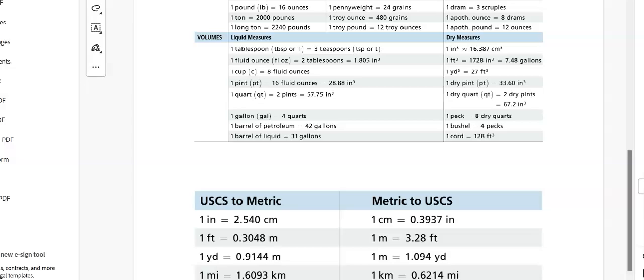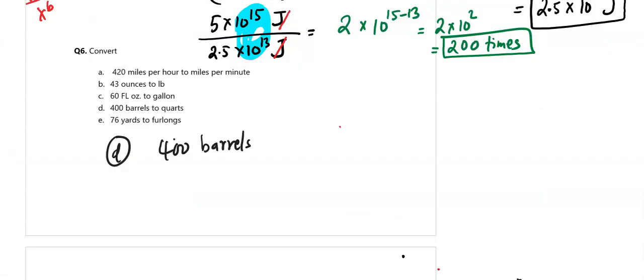So I'm going to go back here. So 400 barrels times, and the barrel goes to the bottom, the top goes to the gallon. As you see before, 1 barrel equals 31 gallons. But again, I got to change eventually to quarts. So I got to see how many gallons equal how many quarts.